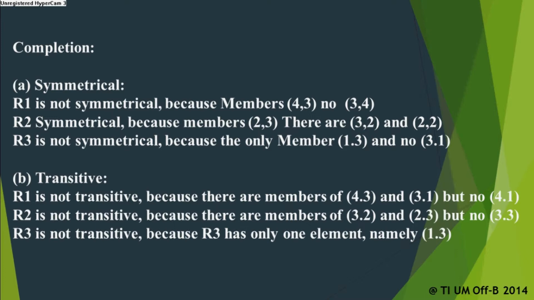R1 is not transitive because there are (4,3) and (3,1) but no (4,1). R2 is not transitive because there are (3,2) and (2,3) but no (3,3). R3 is not transitive because R3 has only one element, namely (1,3).